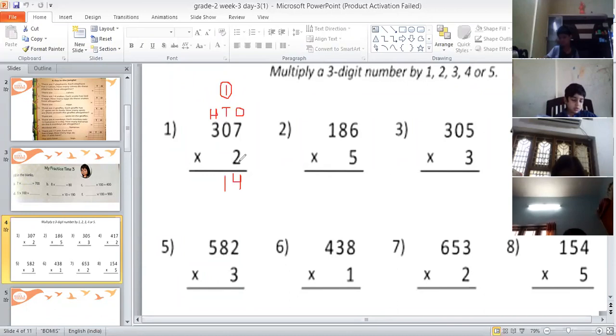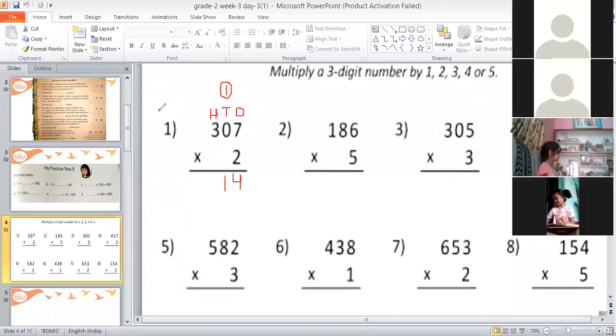Now next number is 2 multiplied by 3. Meghna, 2 threes are? 6, ma'am. 2 threes are 6. Very good. So we will write this 6 in hundreds place. So answer is 614. Yes, children, now you can note down the second question.